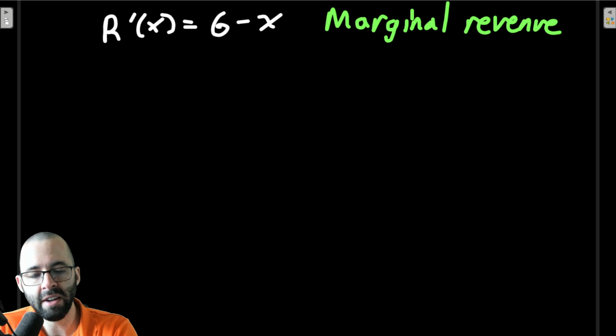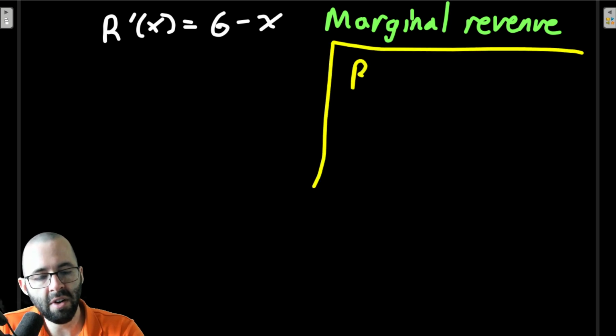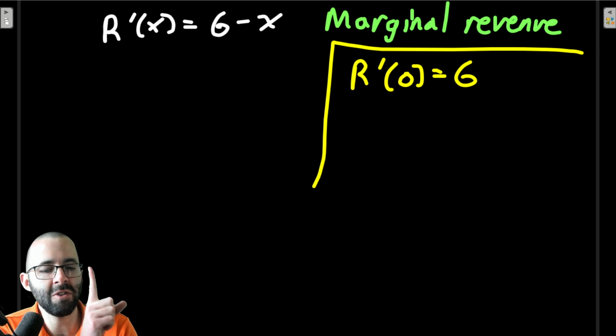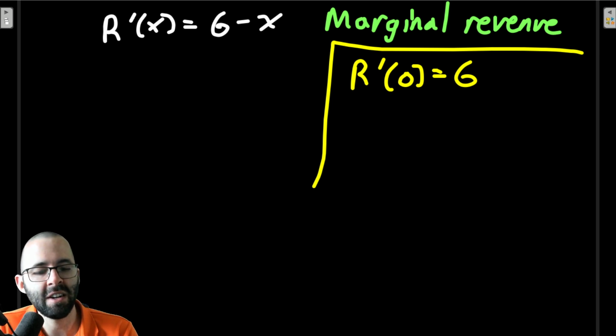Off to the side, we don't need this. R prime of 0 is going to be 6. So if we're not making anything, selling our first used car, we'll get $6,000.